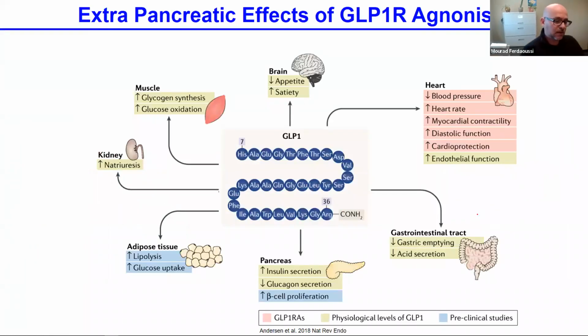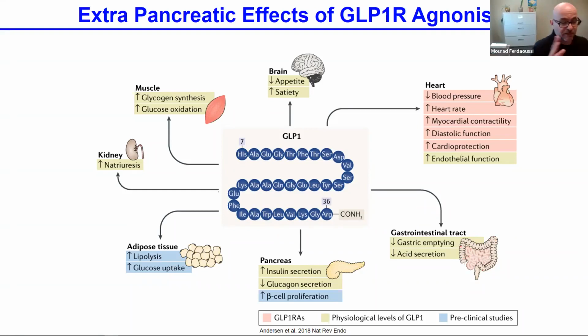So how can we explain the effects of GLP-1? I said that GLP-1 can improve the glycemia by targeting beta cells, but it can also improve the insulin resistance at the adipose tissue or the muscle. Their anti-obesity effect can be explained by their action on the brain to decrease the appetite and increase the satiety, or to increase the lipolysis to reduce the fat within the adipose tissue, and they can also decrease the gastric emptying.